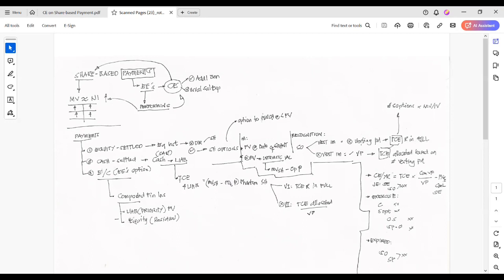Meaning, the total compensation expense should be recognized in full at the date or at the year of grant. Okay? And what is that? That is the number of share options times the market value or the intrinsic value. Okay? So that is now the total compensation expense.